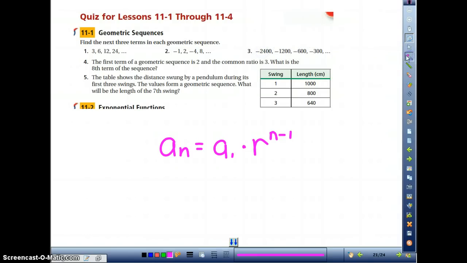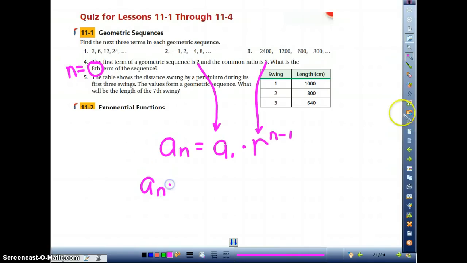Alrighty. Number 4 says, the first term in a geometric sequence is 2, and the common ratio is 3. What is the 8th term in the sequence? Yeah, you just have to pop those into the formula.